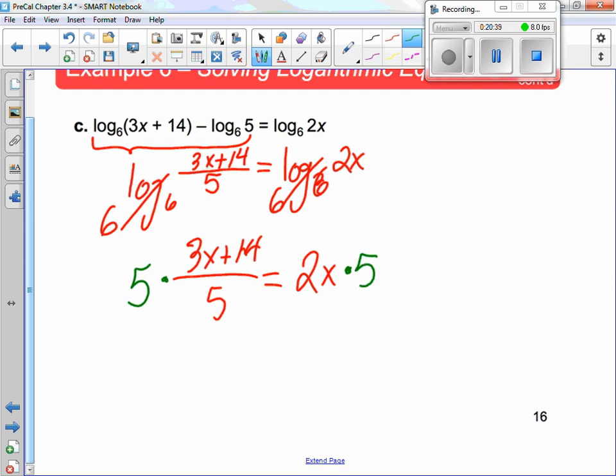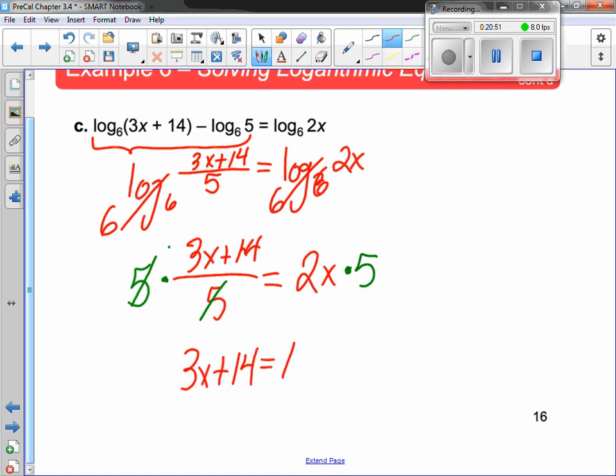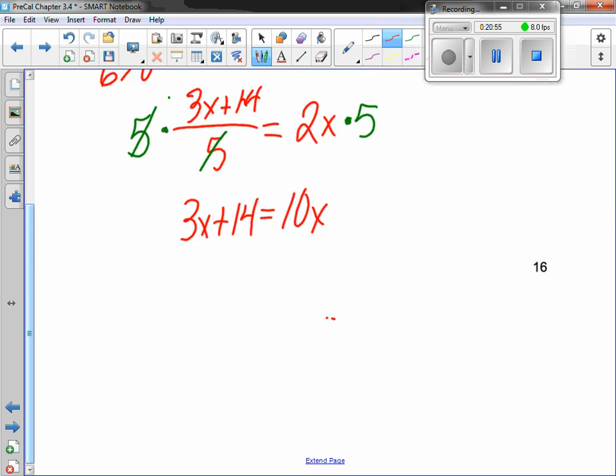I would multiply both sides by 5. Because really this would be 5 over 5, which would cancel out. That's why we would do that. Because then we would just have 3x equals, then what? Subtract 3x from both sides.